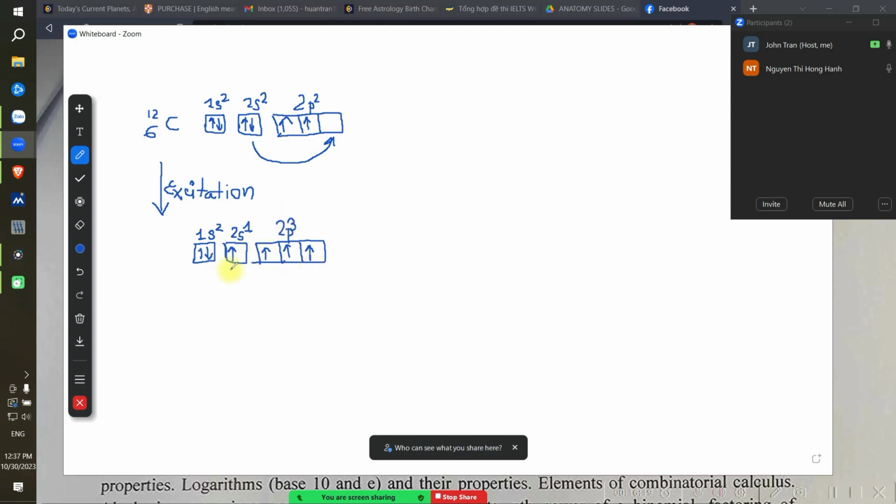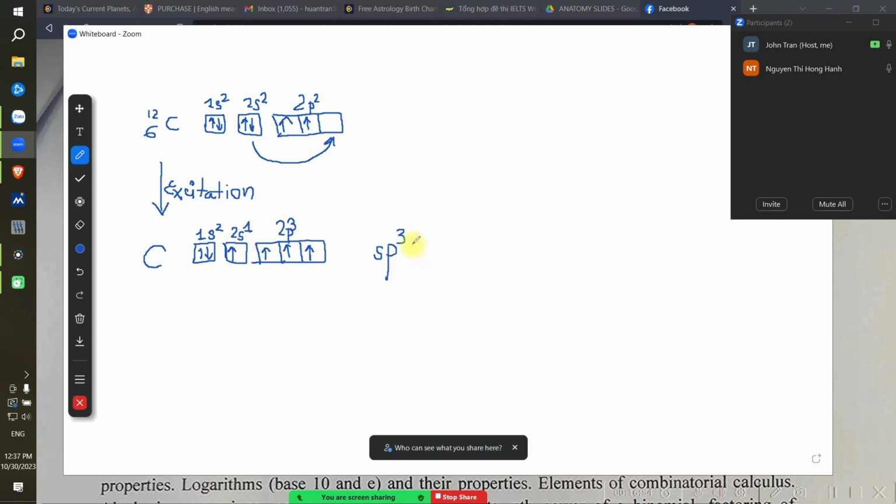Now we have 4 half-filled electrons, 1, 2, 3 and 4 here. So this carbon can now form 4 bonds. And its hybridization state? 2s1 and 2p3, so is it sp3? Yeah. The carbon is in the sp3 state.